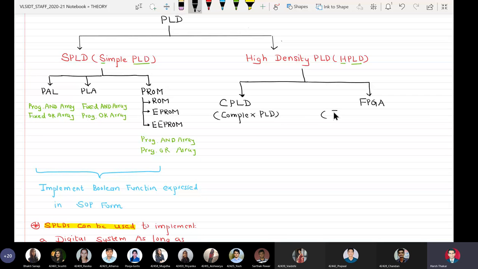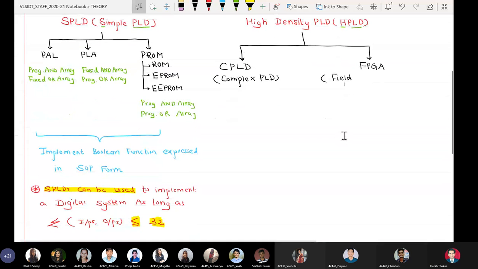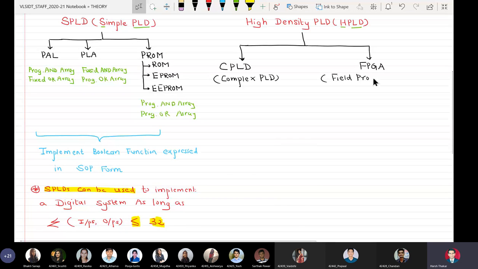FPGA stands for field programmable gate array.